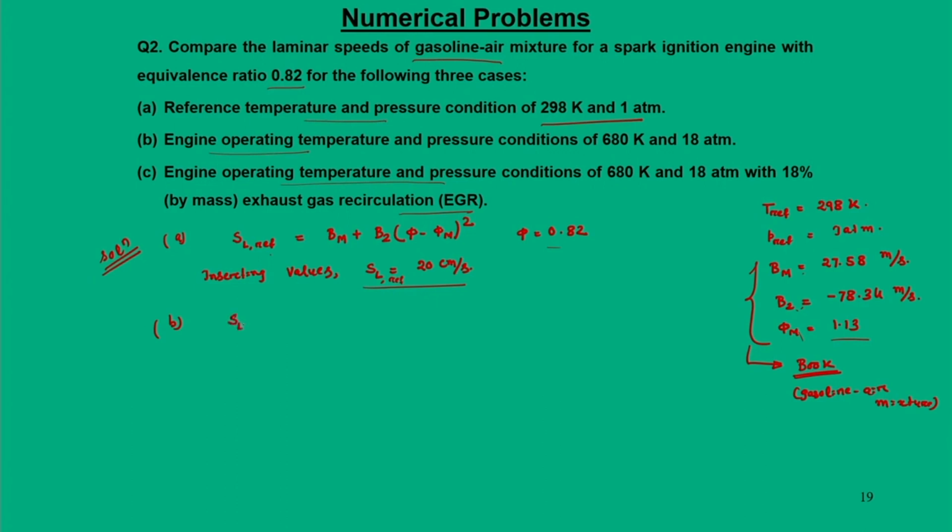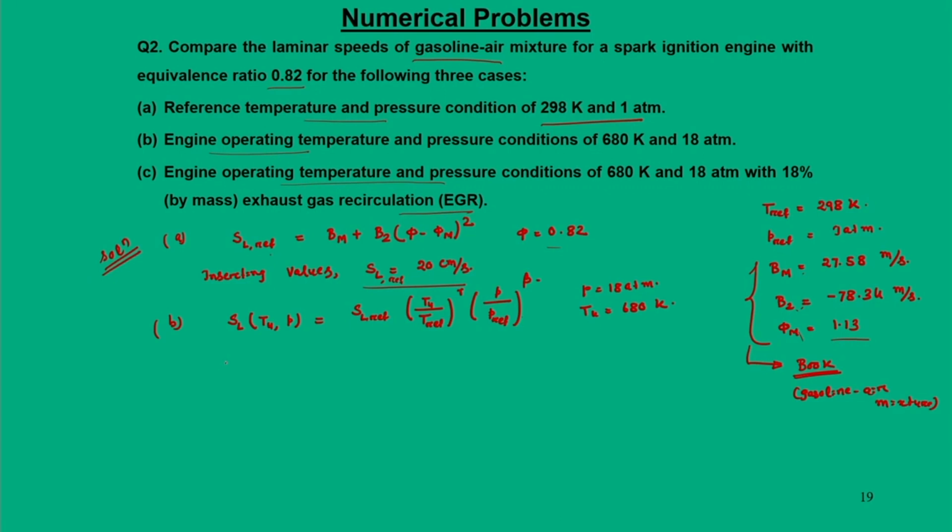So, that expression, SL at temperature Tu and pressure P, we can write as SL reference into Tu divided by T reference to the power gamma into P by P reference to the power beta. So, what is the data given? P is 18 atmosphere, Tu is 680 Kelvin.